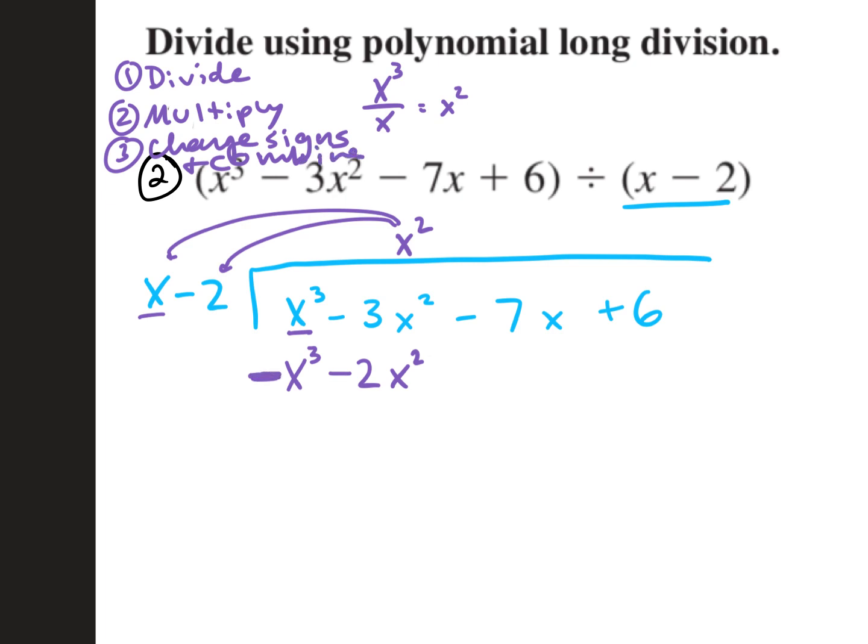So we change the sign, and combine. So x cubed minus x cubed cancels. The first terms are always going to cancel if you did the step right. Next, we have -3x squared plus 2x squared. So we're just combining our coefficients together, which would be -1x squared, or just -x squared.